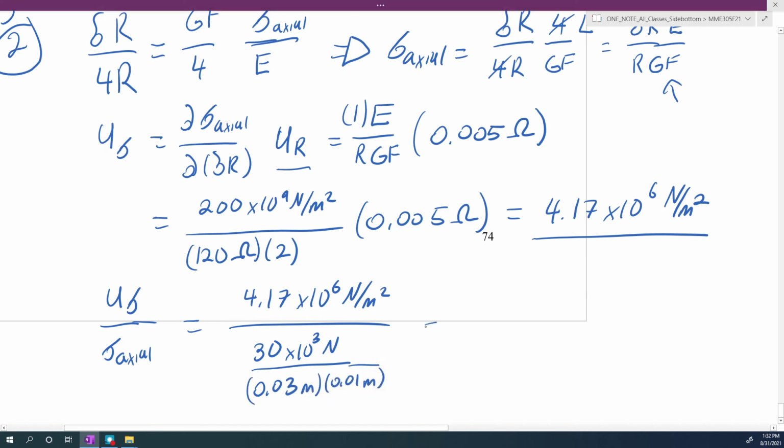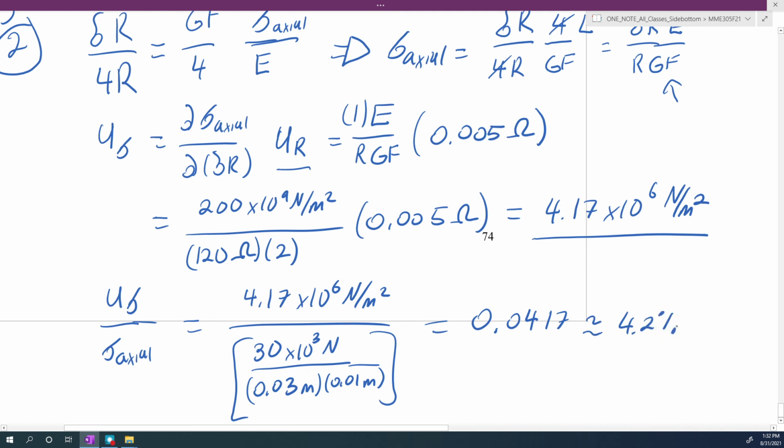If we do all of these calculations, we end up getting about 0.0417, which is about 4.2% error.